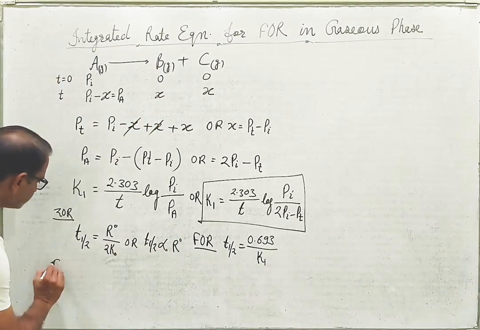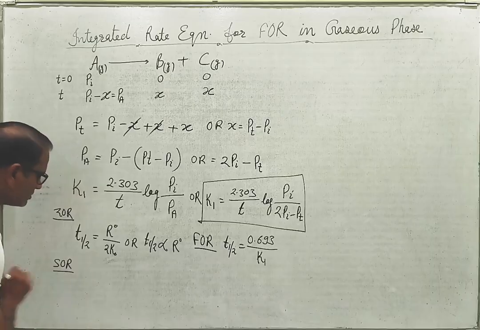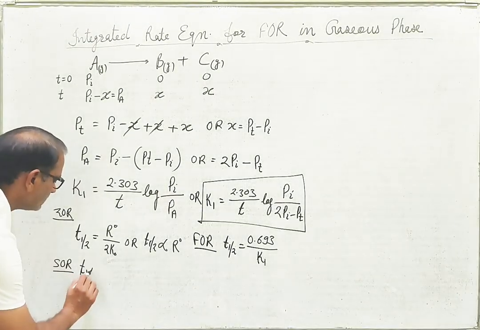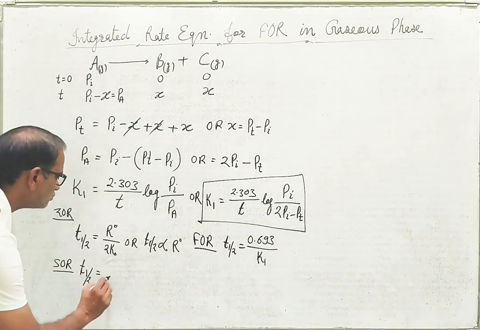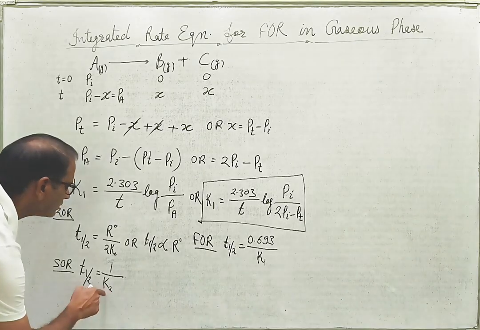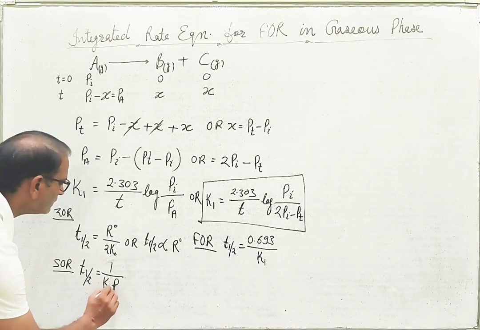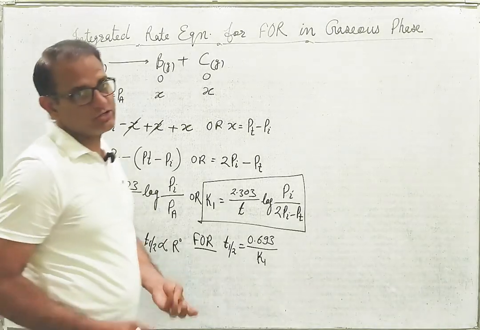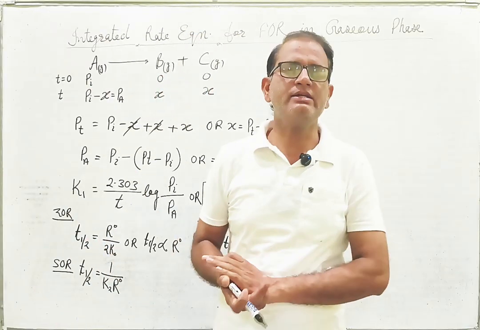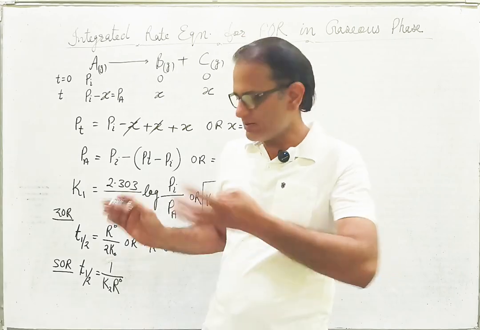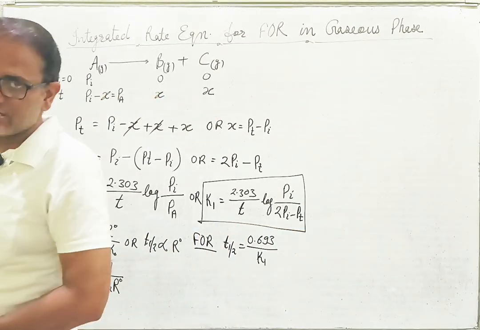For second order reaction, what is T half? T half is equal to 1 by K2 R naught. This is the T half for a second order reaction. However, the detailed kinetics of second order reaction we are not discussing here, but sometimes these things may be asked in your examination.